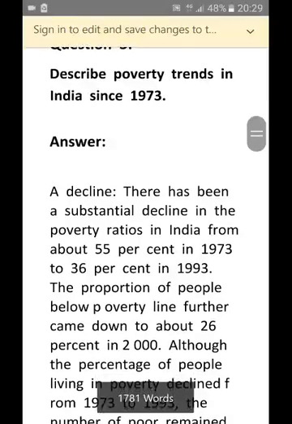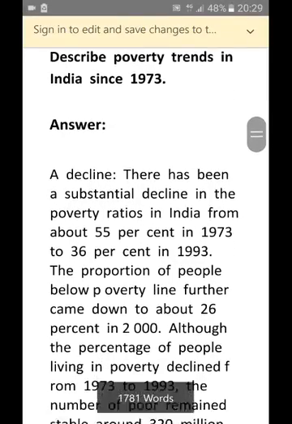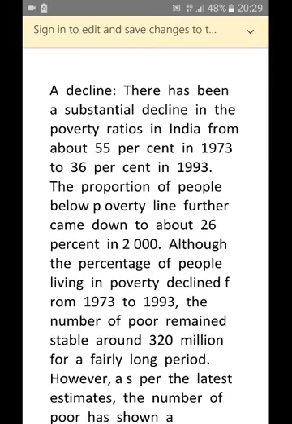Now we come to question number 3, that is, describe poverty trends in India since 1973. There has been a substantial decline in the poverty ratio in India from about 55% in 1973 to 36% in 1993.